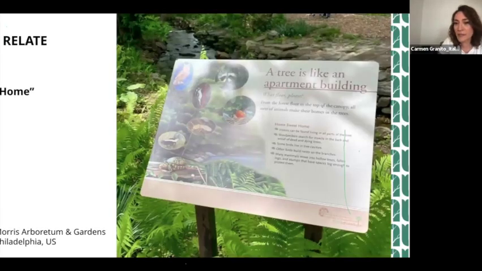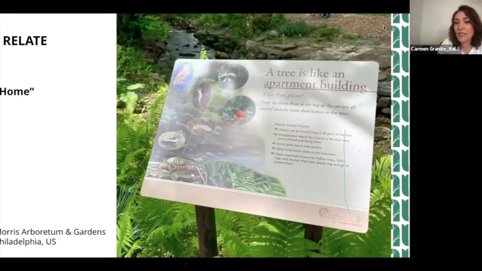Let's look at some examples. Let's look at the relate first. This is a panel in some gardens in the US, and look at the title. It says, "A tree is like an apartment building." So here it's making the relation between the tree and something that is part of our everyday lives, an apartment or the idea of home.